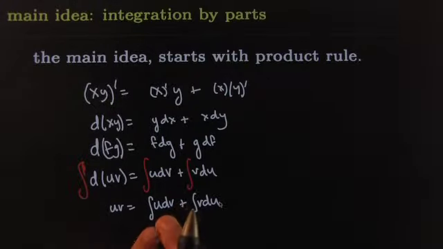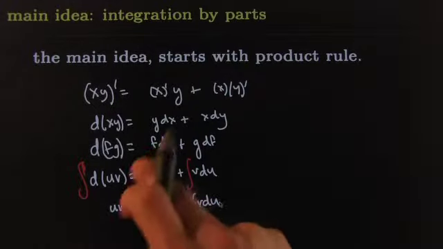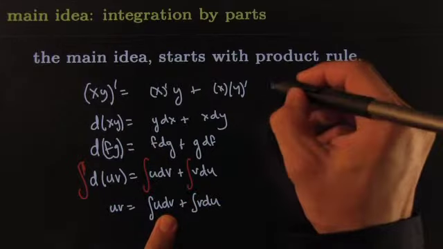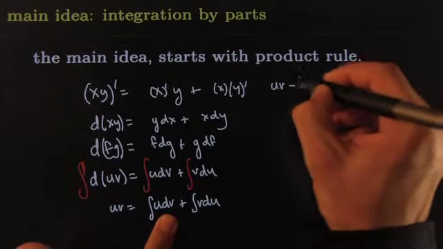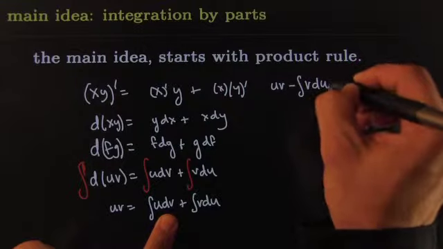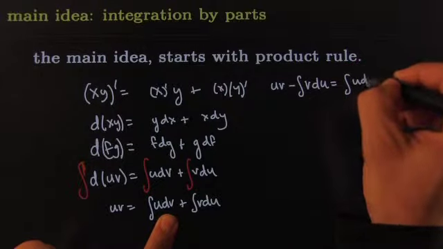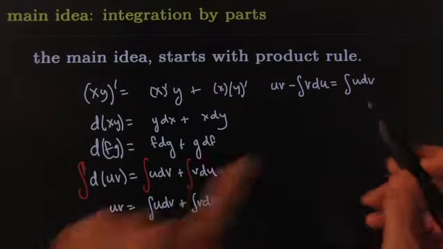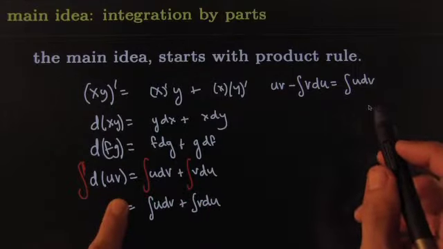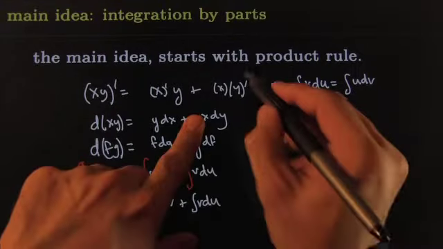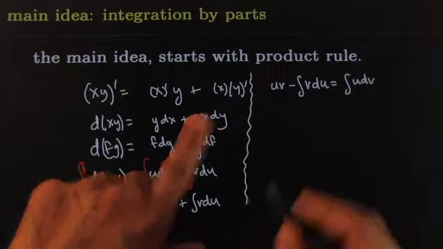Now suppose I solve for this piece all by itself, meaning this one I move over to the other side. That would give me that uv minus the integral of v du would be the integral of u dv, right? Just by moving this one over to the other side, you get that. And then let's just keep things a little separate here.